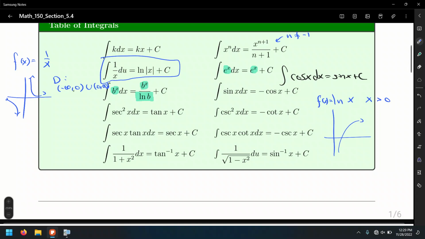In this case, the domain of 1 over x is all real numbers except 0, while the domain of this one is only from 0 to infinity, only the positive numbers.